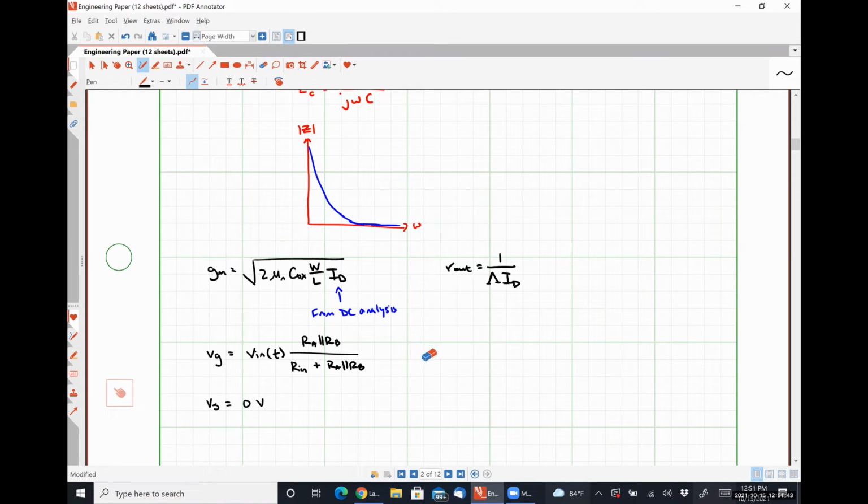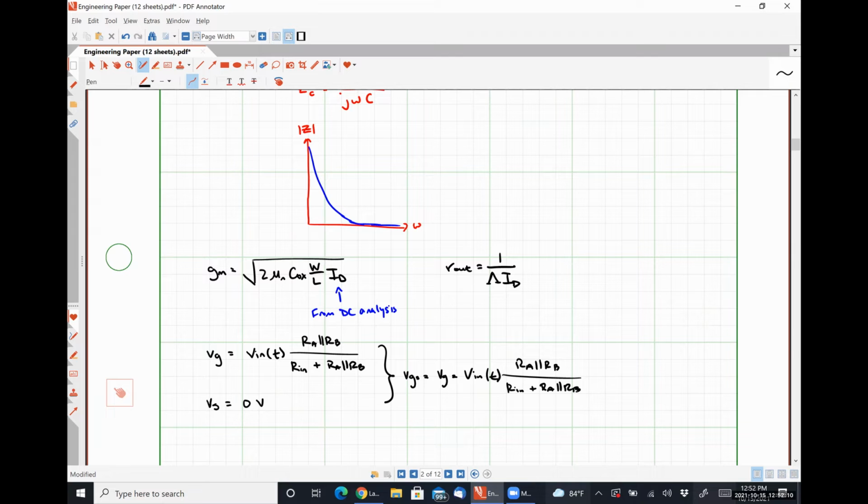So that means that our small signal voltage VGS is just VG, or Vn of t times Ra in parallel with Rb divided by Rn plus Ra in parallel with Rb.